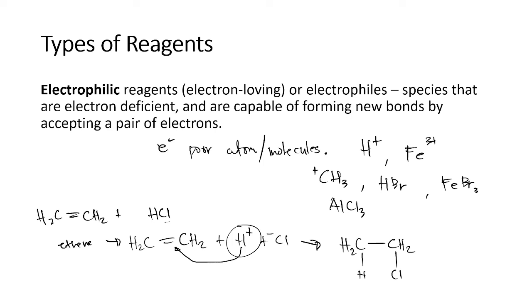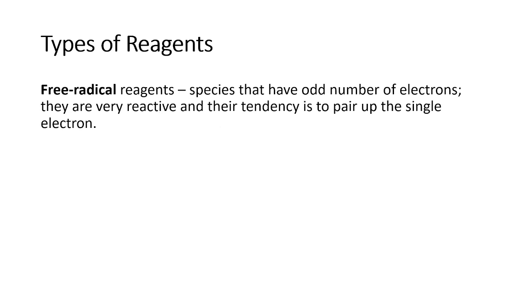For our last type of reagent, we have here our free radical reagent. Free radical reagent comes from what we call homolytic bond cleavage, in which the species have odd numbers of electrons. Due to the odd numbered electron, they are very reactive and have the tendency to pair up with single electrons.